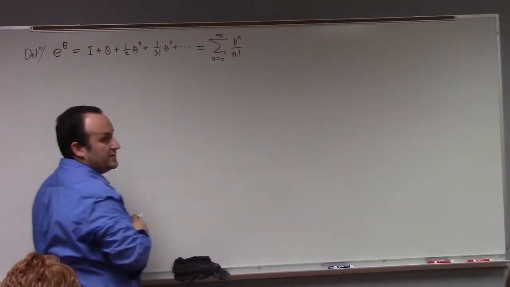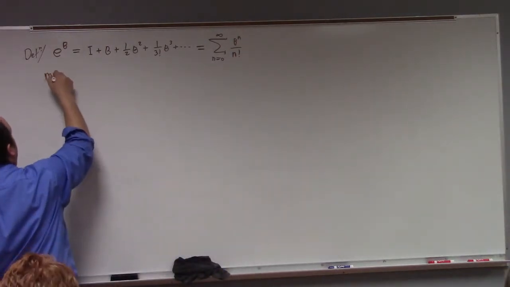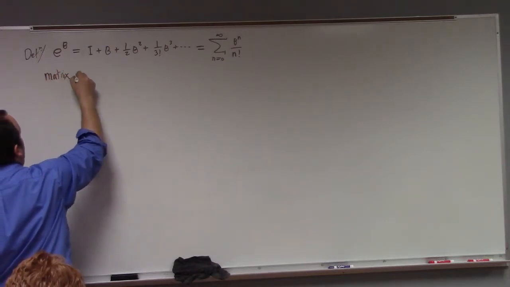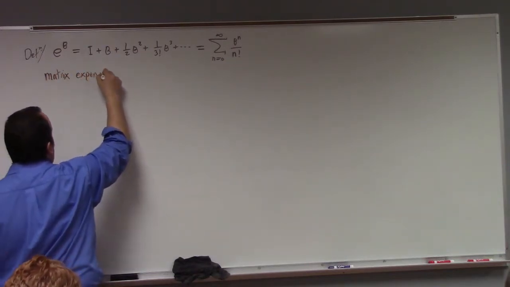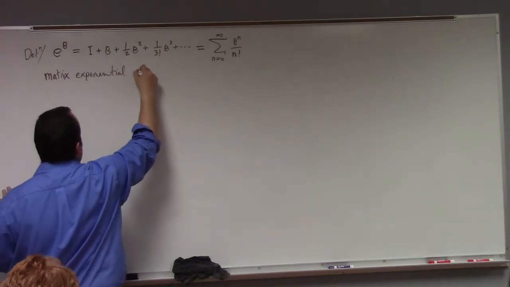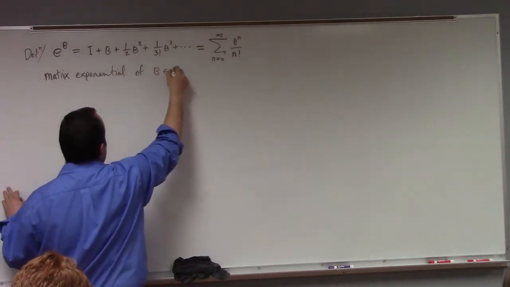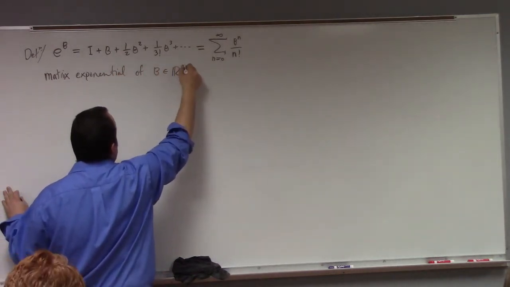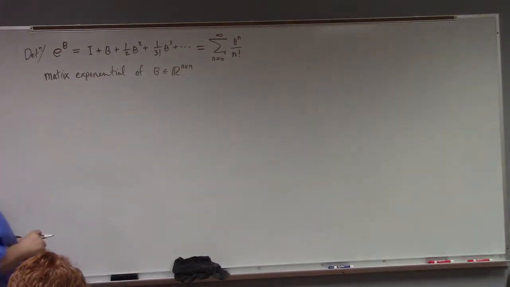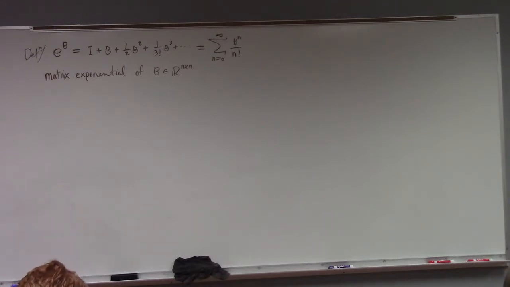This is the so-called matrix exponential of B. I'm assuming B here is an n by n square matrix, but it could be complex. That wouldn't matter. I'm thinking of B as being real, though, honestly.